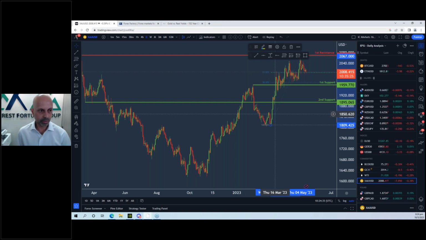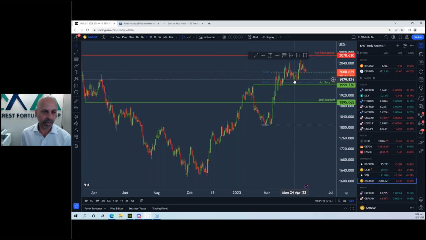Also, PPI was soft. PPI is the Producer Price Index, which measures wholesale inflation. It pulled back very sharply, and is not indicating any potential increase in inflation in the wholesale segment of the US economy.